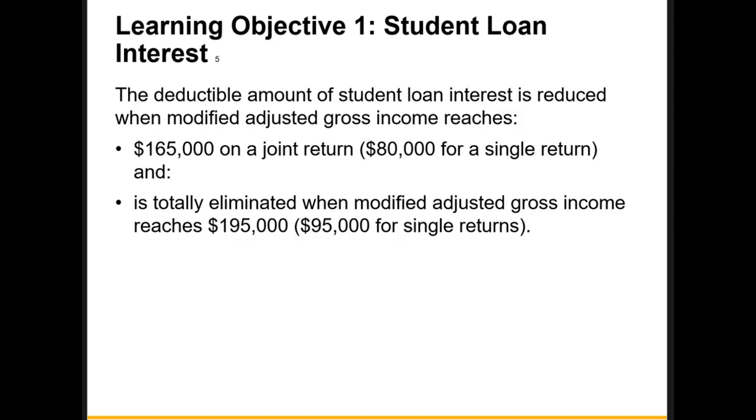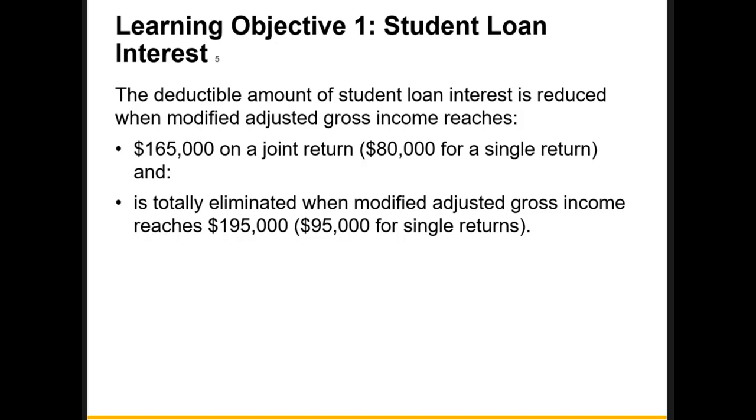$165,000 on a joint return, $80,000 for a single return. So that single return would include anybody that is single. Notice what's not here: married filing separately, you don't get anything. It starts to phase out at 0, and it's totally eliminated by the time your income gets up to $195,000.